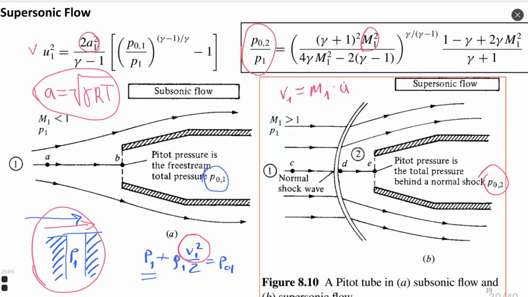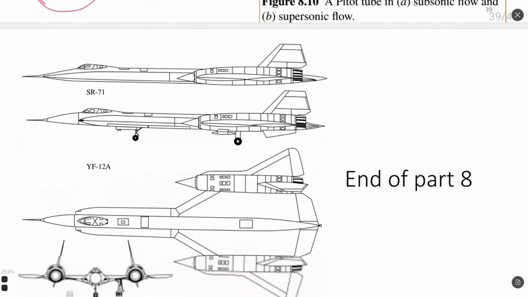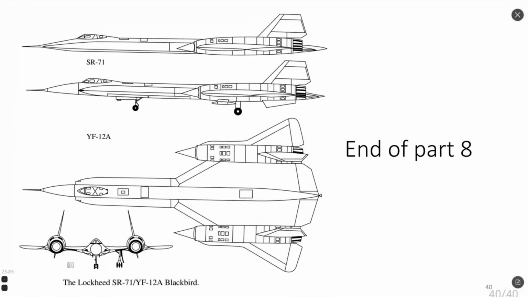I see no questions for now. And let me know if you have some of those questions. I still can answer. This is the end of chapter 8, and from next class, from next week, we will start oblique shock wave theory and expansion waves theory that has direct relation with work 1.